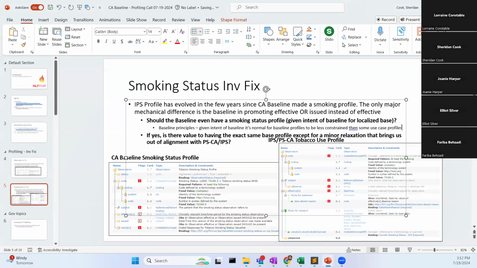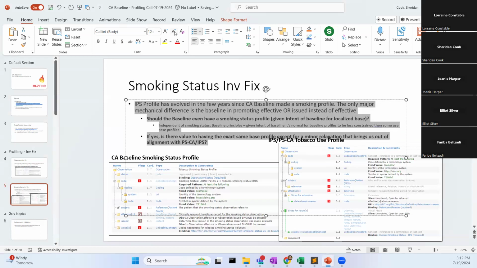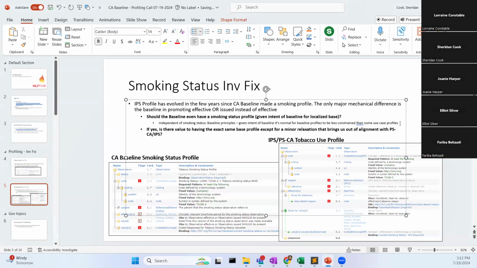Smoking status is a fairly specific kind of observation for a base, which is why I said I'm not sure we need to keep it. And I don't think at this stage patient summary is directly conforming to the baseline.